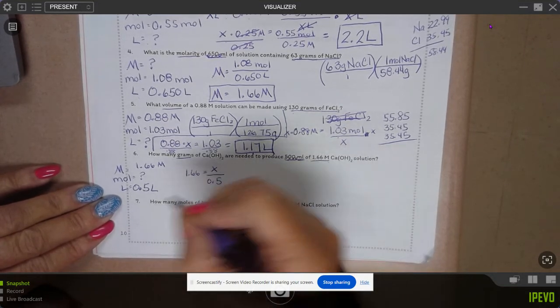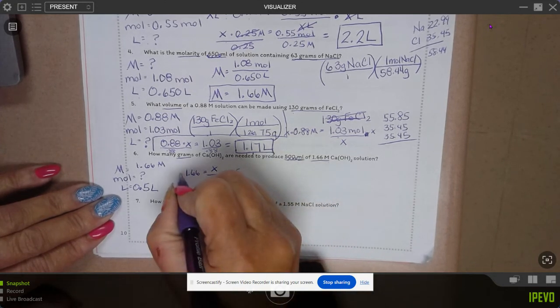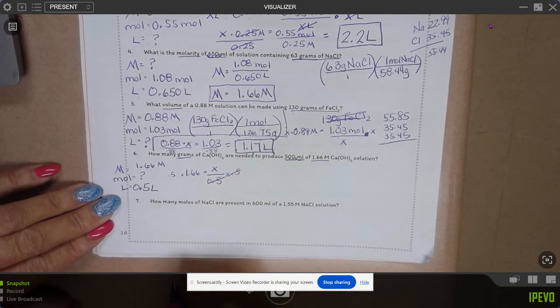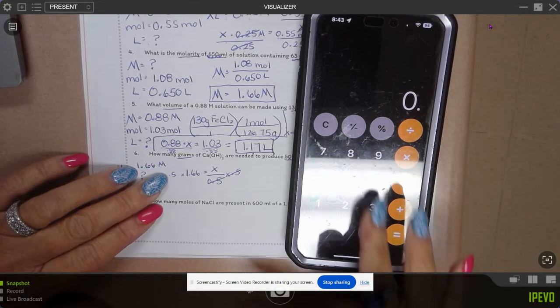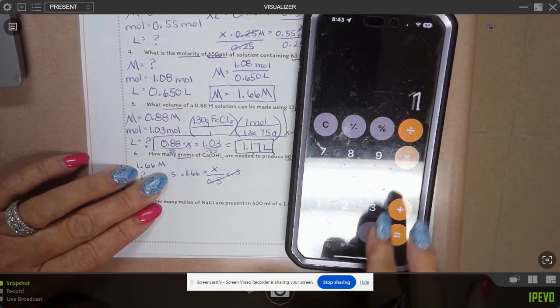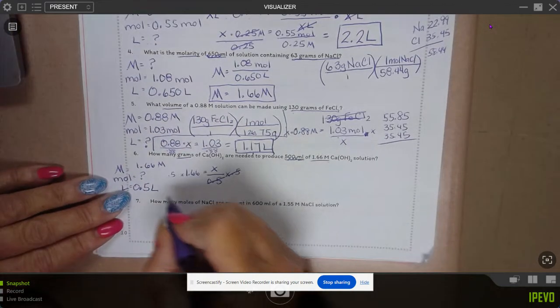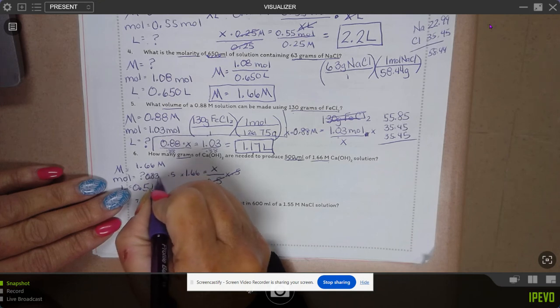I can multiply both sides times 0.5. What that does is it gives me X by itself. So 0.5 times 1.66 is 0.83. All right, so I have 0.83 moles.